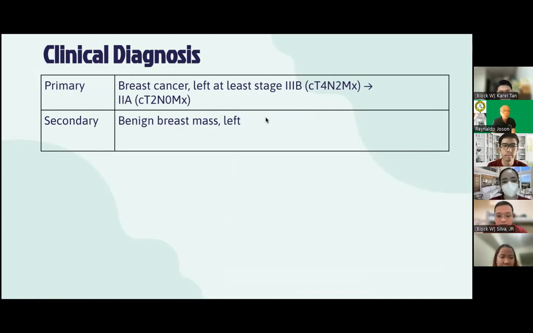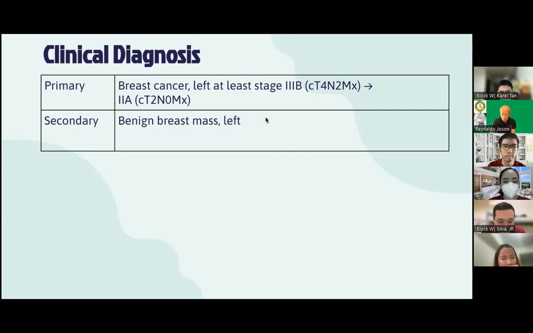Noted with pain with overlying erythema without ulcerations, nor nipple discharges, but with nipple retraction. So for the clinical diagnosis, our primary clinical diagnosis is breast cancer, left, at least stage 3B, clinically T4N2MX. Then post-chemo, it's stage 2A, clinical T2N0MX. And for the secondary clinical diagnosis, it's benign breast mass, left.